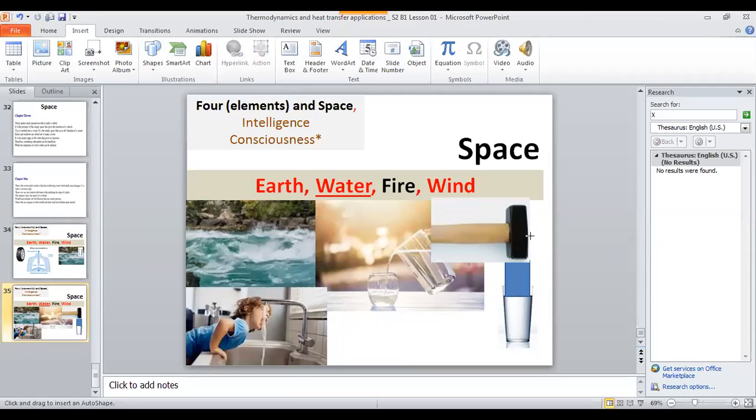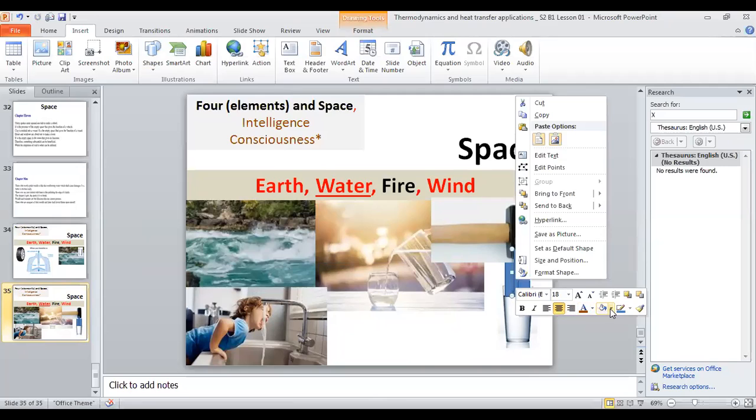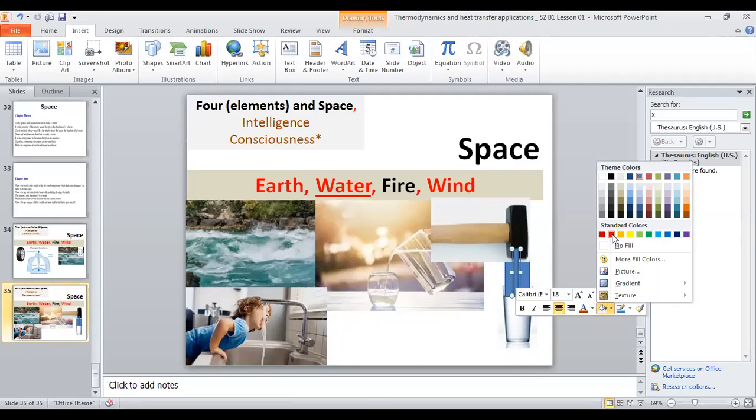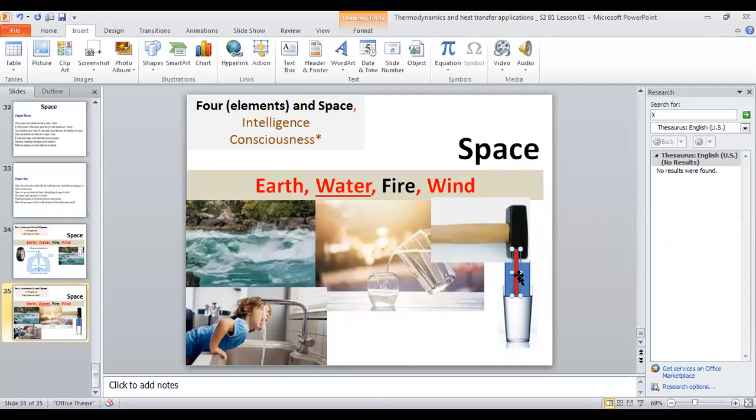Once you apply an impact here like this, this glass will break. The glass breaks because of the shock transferred through the water.